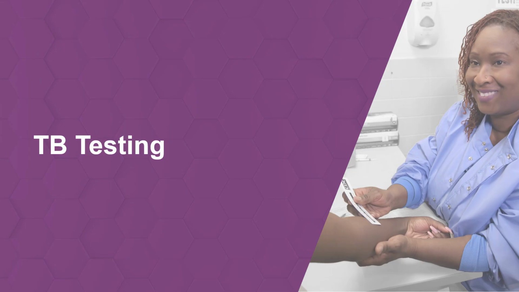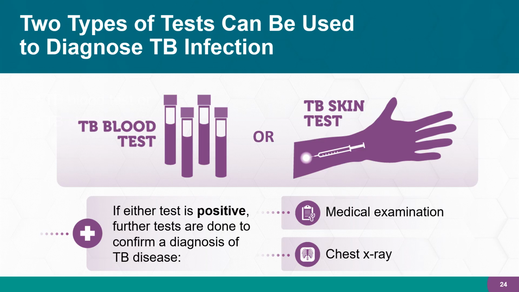TB testing. Healthcare providers are encouraged to use newer TB blood tests to screen for TB infection. There are two types of TB tests. The TB blood test is called the QuantiFERON-Gold test, and the TB skin test is called the Mantoux tuberculin.